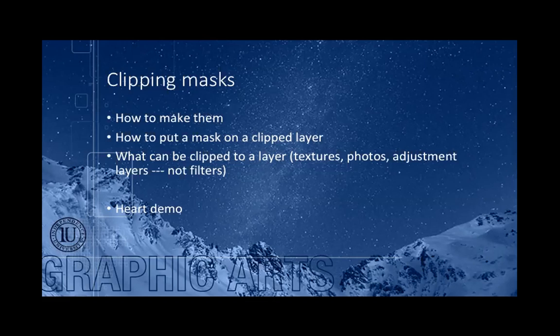I'm going to take the magnetic lasso tool and trace around this screen here. Oh, actually, let me do the pen tool. I think this will be a little bit better here, give me a little bit more of an accurate line.